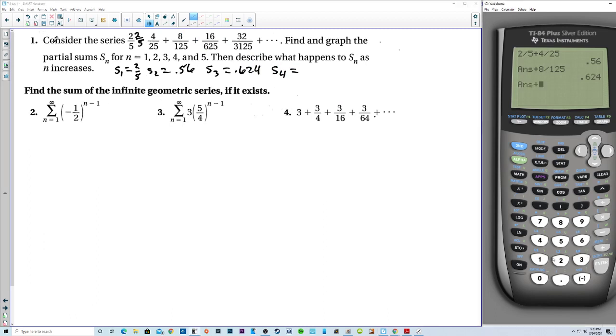How about the 16 divided by 625? So 0.6496. And then we're going to add 32 divided by 3125. And we have S sub 5 is 0.65984.